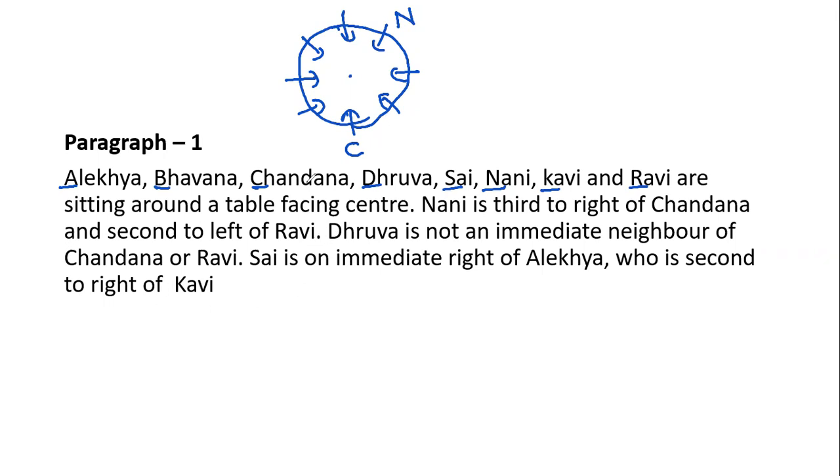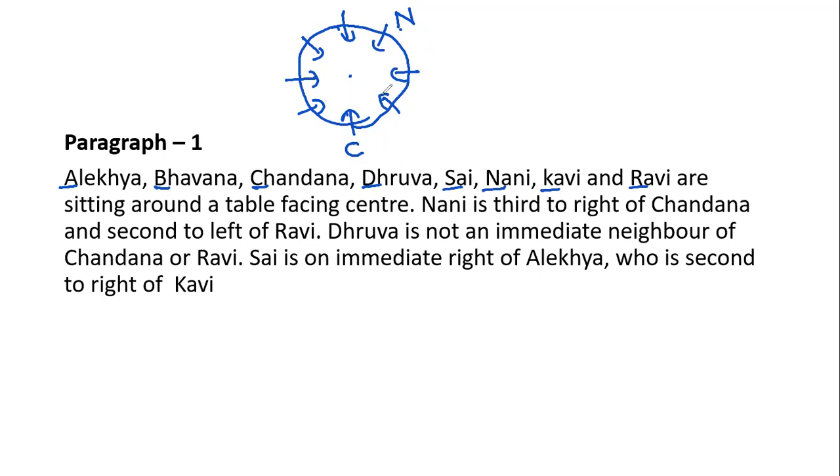And second to the left of Ravi. The same person, the same Nani, is second to the left of Ravi. If you already understood, then fine, guys. Second to the left of Ravi means you should not change Nani's position. You have to keep Nani in the same position, but you need to ensure that he is the second left person from Ravi.